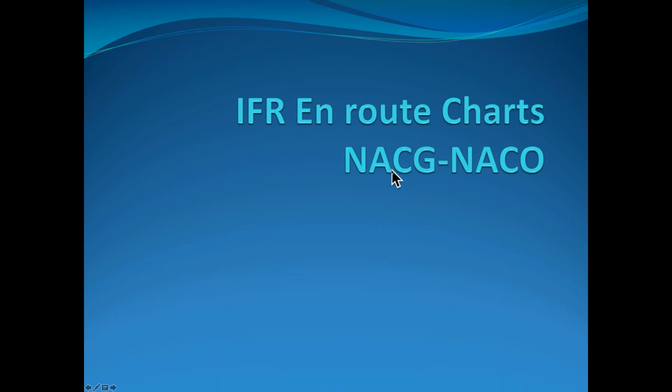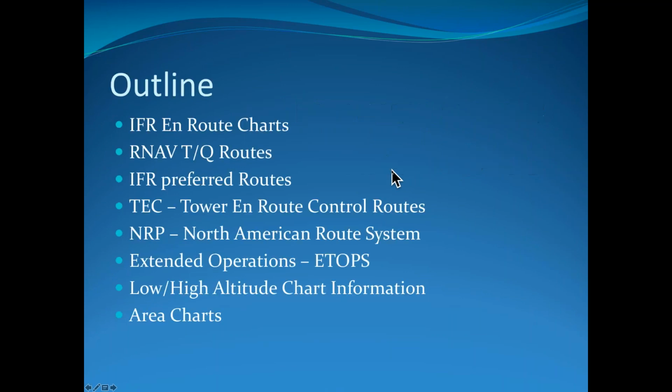IFR Enroute Charts, and this is what we were going through last night. When we talk about IFR Enroute Charts, we're talking about those high and low charts. We use RNav, which is just GPS-based navigation.